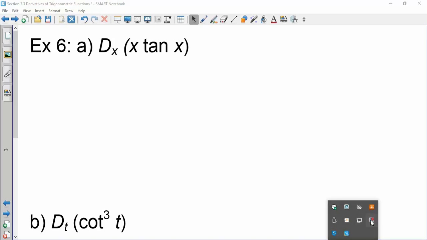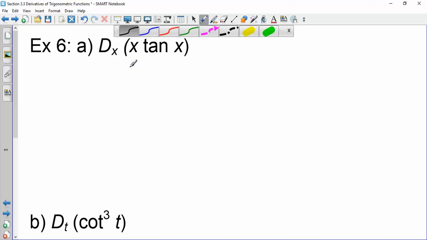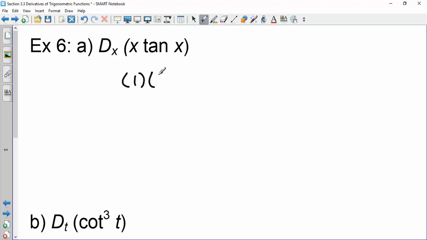The derivative of x times tangent x. What would we have to do for this derivative? Product rule. Derivative of the first would be 1 times the second.